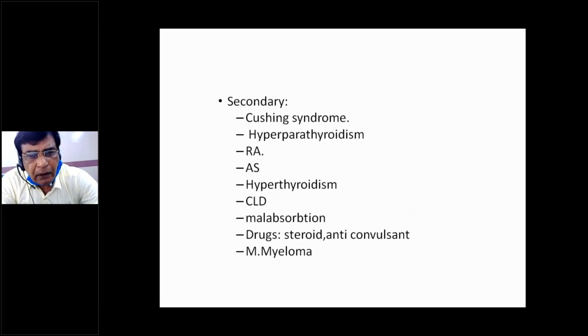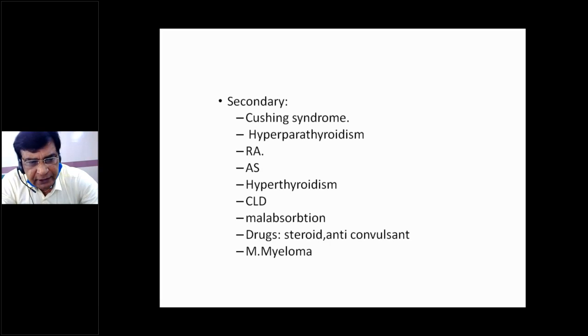causes of osteoporosis: among the endocrine causes, Cushing syndrome, hyperparathyroidism. So these three are the endocrine causes. One is Cushing syndrome, second is hyperparathyroidism, third is hyperthyroidism.